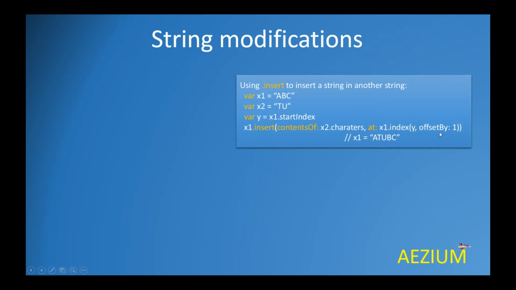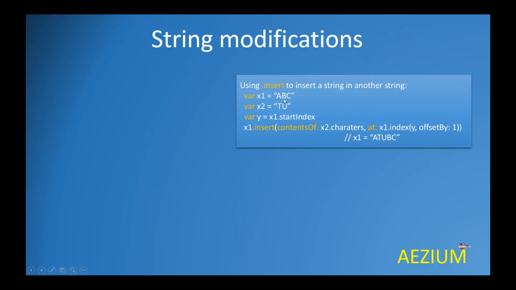This is giving us where in the initial string we want to insert these characters. So in this particular example, we are using the same arrangements that we discussed earlier on to generate an index. So it's x1.index, y is the start point, offset by 1.